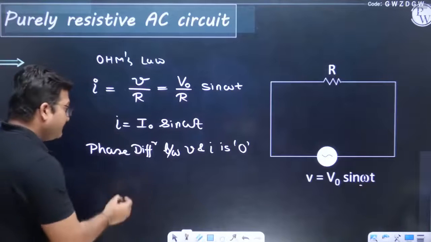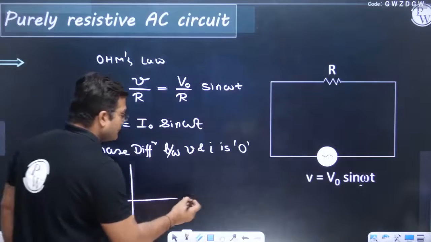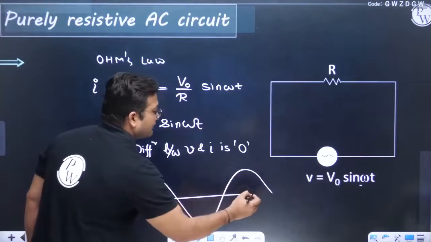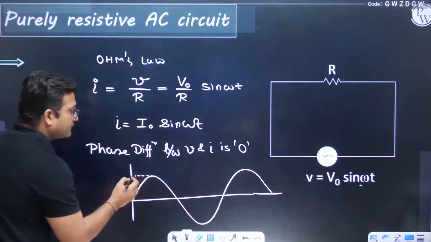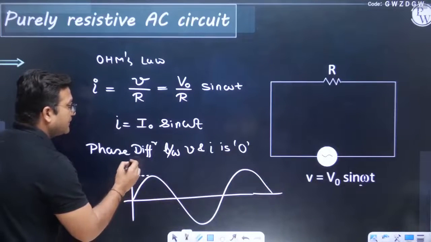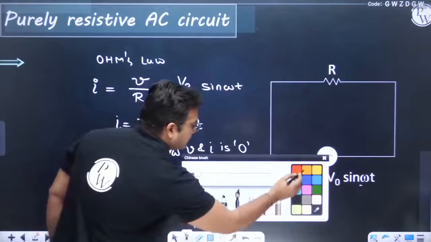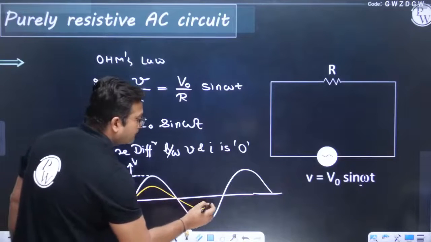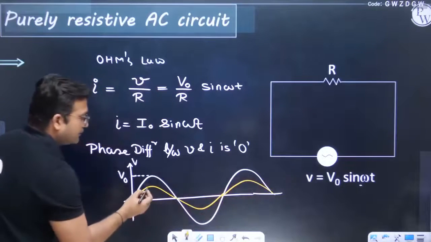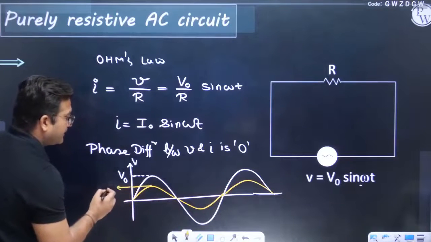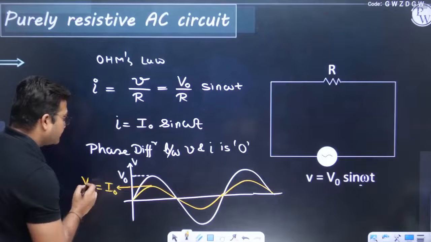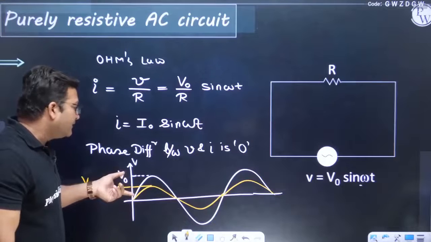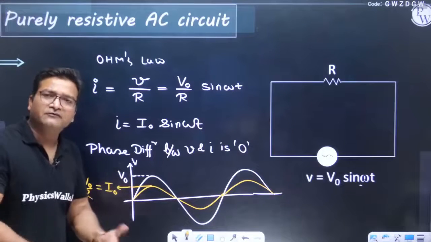If phases are the same, and you try to draw the voltage plot, with this as the maximum voltage, the current's waveform would also follow the same pattern, only the maximum value would be different, and the maximum value is I naught, equal to V naught by R. The magnitude of current would be less than V naught if R is more than 1 ohm, obviously.